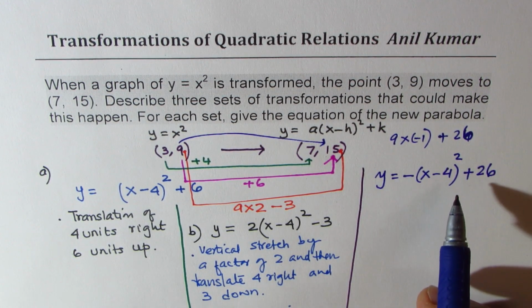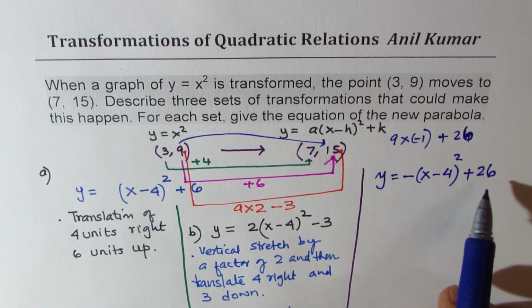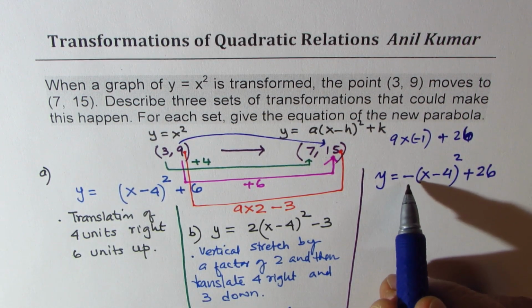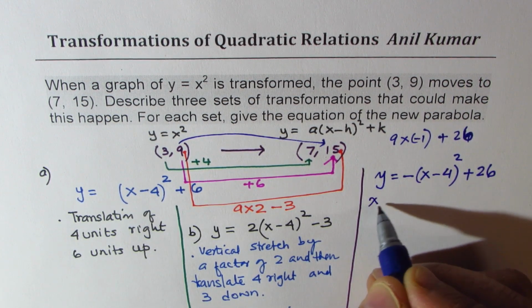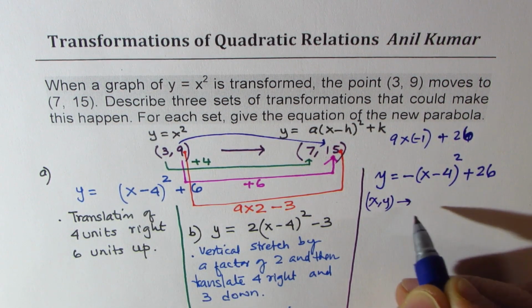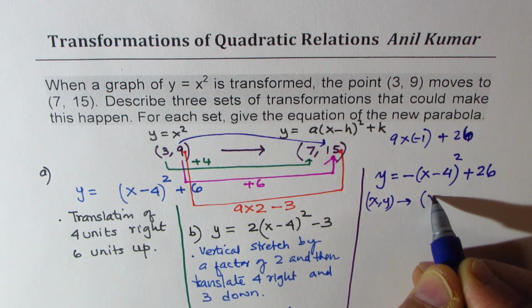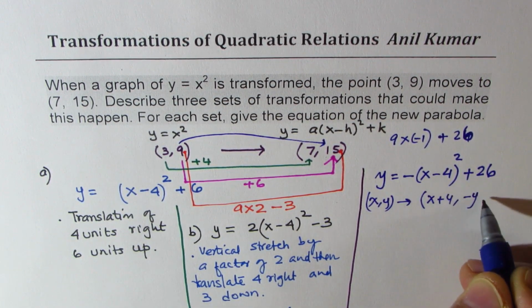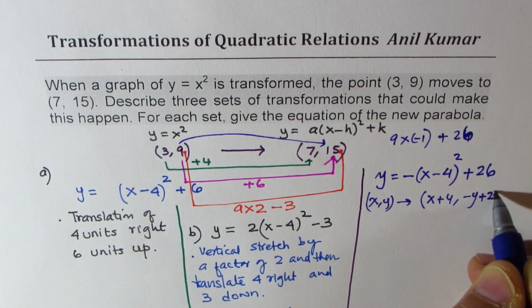So if I substitute here, the transformation will now be that the y value is being reflected, right? So minus 1. The original point (x, y) is now changing to (x plus 4), and the y value gets multiplied by negative 1, and then you add 24.